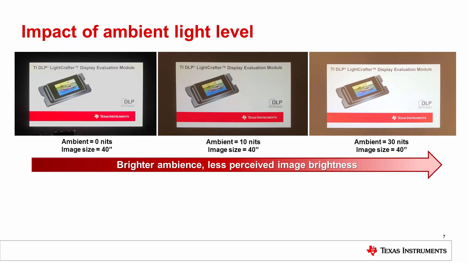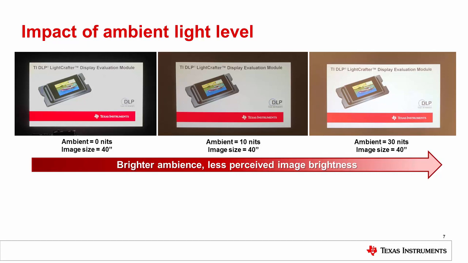With increased ambient light level, the image starts to look more washed out. Since the projector brightness, image size, and projection surface are all constant, the image brightness created by the projector is the same for all cases. However, in a brighter ambient environment, the perceived image brightness is lower. This is because the ambient light alters the contrast ratio of the image, making the image in the brighter environment look washed out.